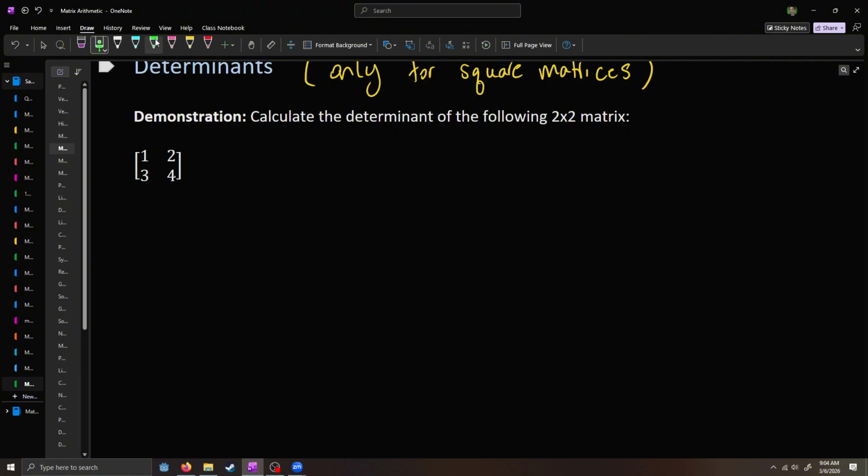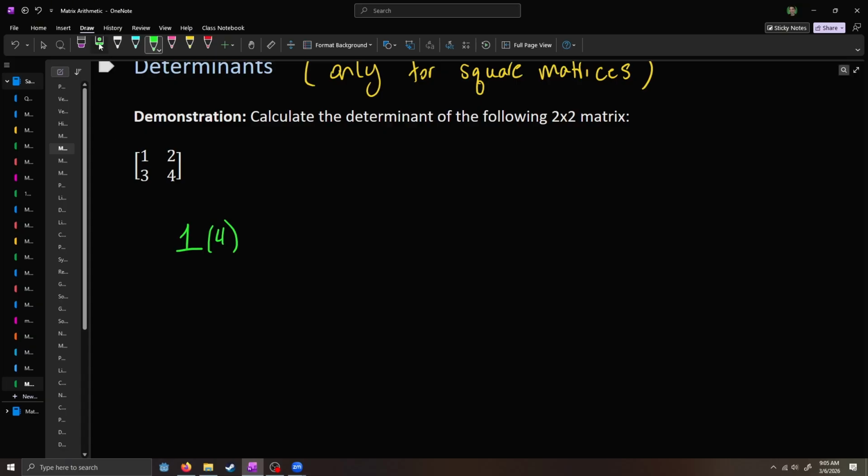I'm going to extract the value positive 1 out of this matrix, and then I'm going to cross out the row and the column containing that 1. And if I cross out the row and the column containing that 1, all that's left behind is this value 4 in the bottom right corner. So I'm going to go ahead and multiply 1 by 4.